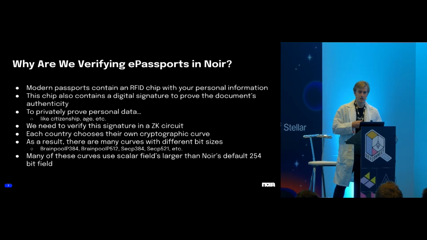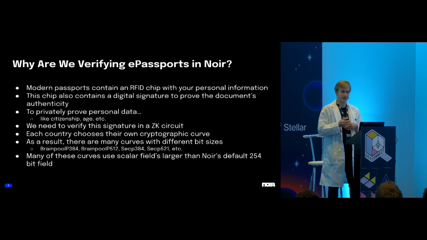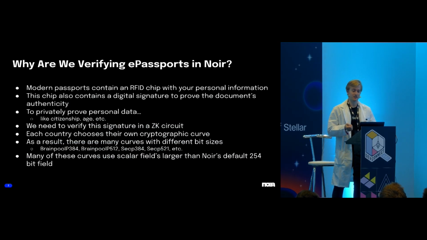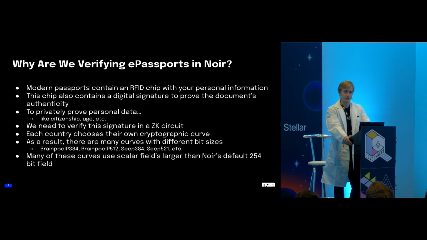That's what the government is going to scan when it's trying to verify that you have a valid passport. Once you have the ability to prove that you contain a digital signature, it gives you the ability to prove personal information. The goal is to verify this signature in a ZK circuit using a language such as Noir.